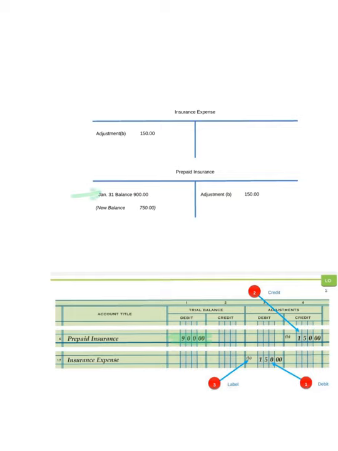Our current balance in prepaid insurance at the end of January is $900. What should it be? After an adjustment, it should be $750. In other words, we've used up some of our coverage. So what is it? $900. What should it be? $750. How much do we need to adjust the account by? The difference is $150.